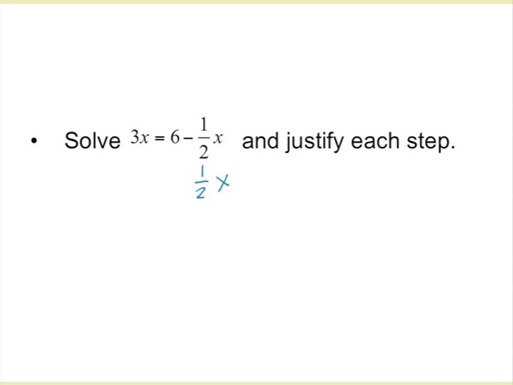So what we're going to do is write 1/2 x equals 1/2 x. That's a true statement, and so there we're going to say that's our reflexive because two things are exactly equal to each other. Next to that first step, we actually should write that it's our given. Our starting equation is our given piece of information.